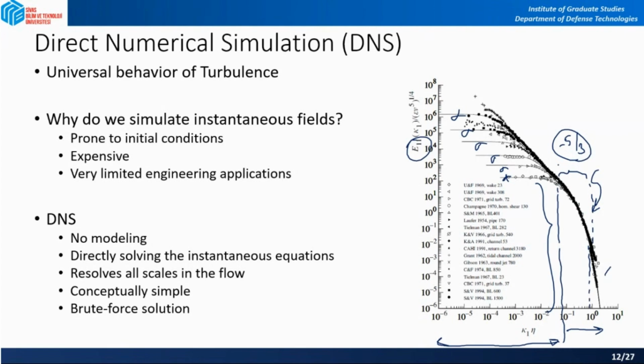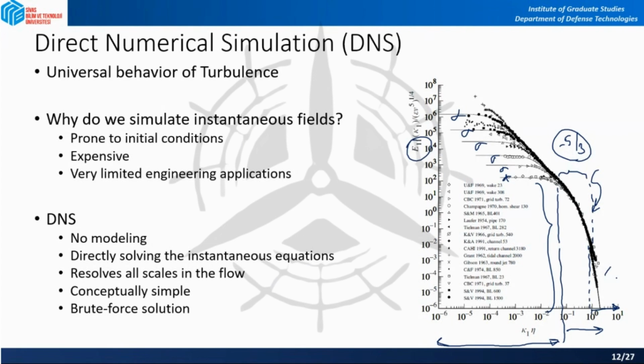And if you go to even higher wave numbers, from here to higher wave numbers, where the order of magnitude of the Kolmogorov length scale is reached and the dissipation will be dominant, again you can see that all of these collapse together.